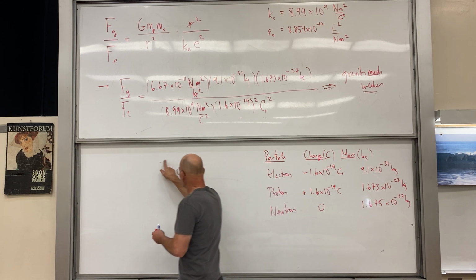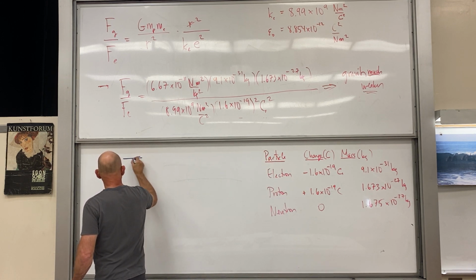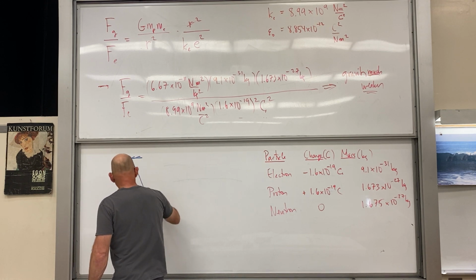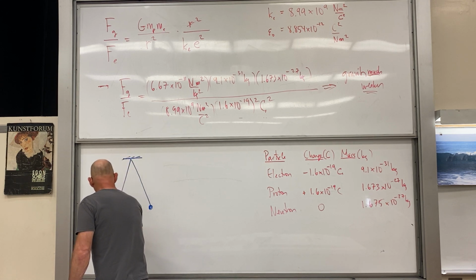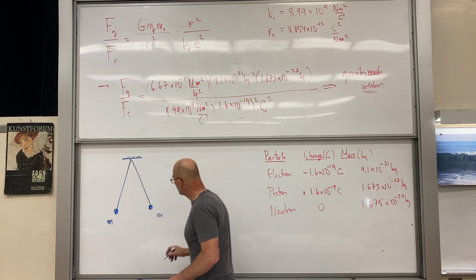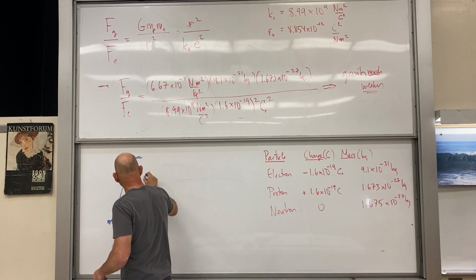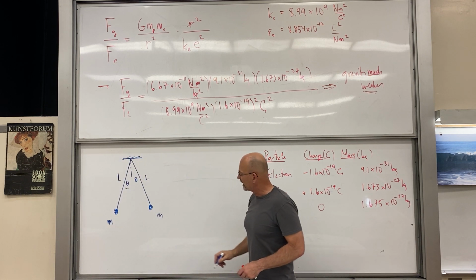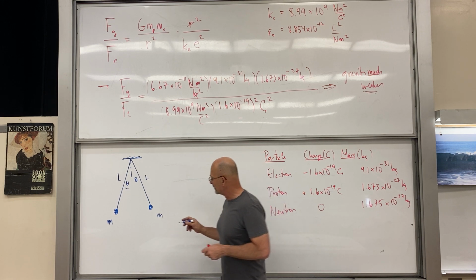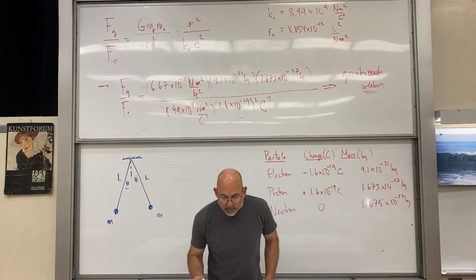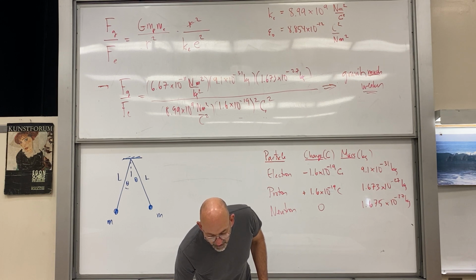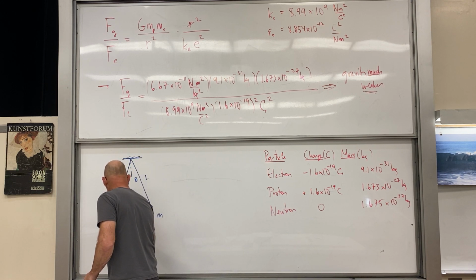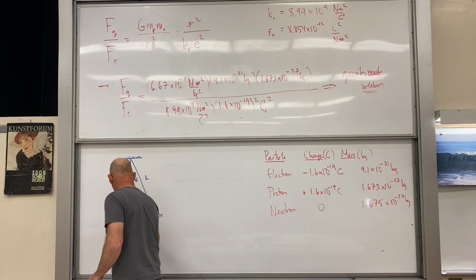So let's set this problem up again. We have two equal masses, M, with equal length of string. We're getting an angle theta equal on both sides because there's gravity and there's the electric force. Mass M, charge Q, so we have Q on here and Q on here, same charge.